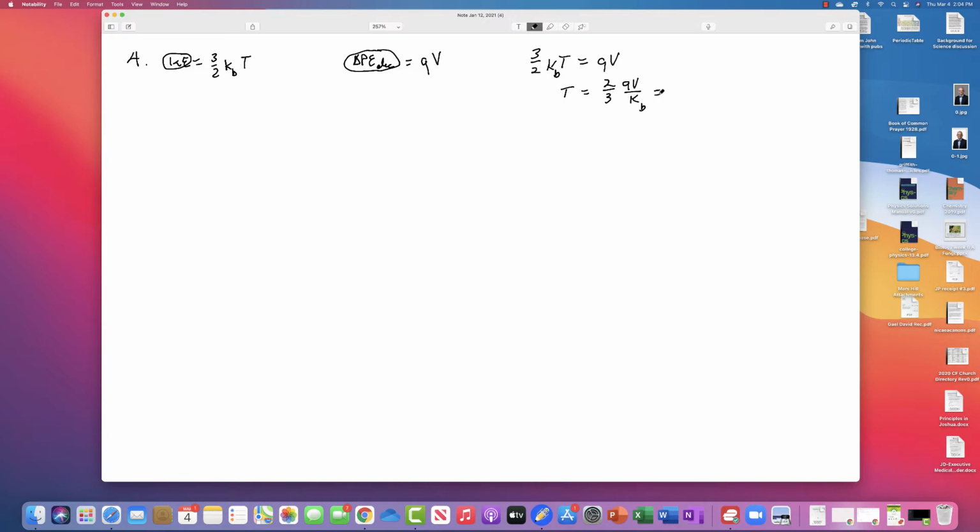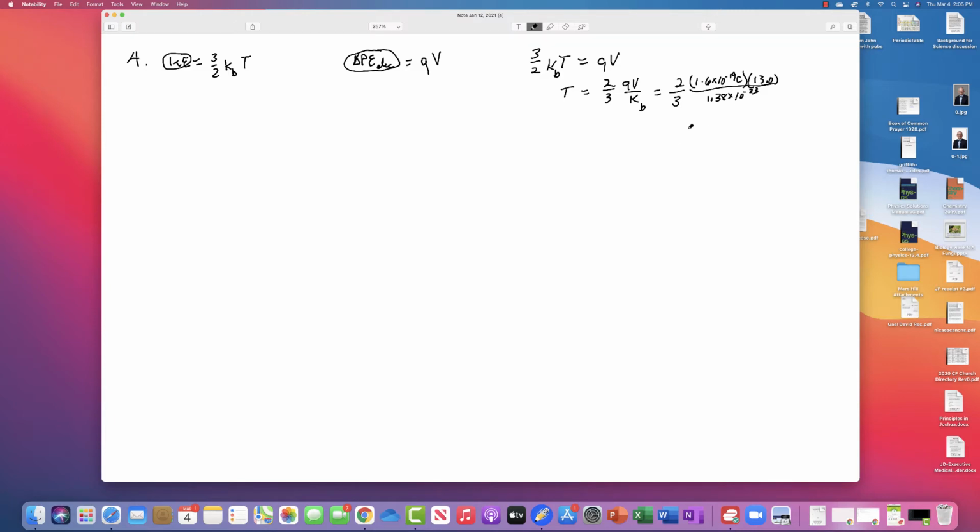So that's 2/3 times the charge, and it's a singly charged ion, so that's 1.6 times 10 to the minus 19 coulombs times 13, which is the voltage, divided by Boltzmann's constant, which if you look that up, is 1.38 times 10 to the minus 23.